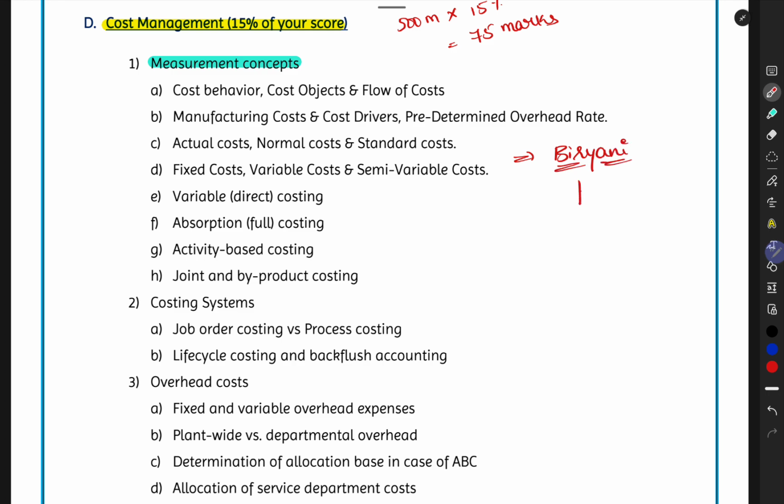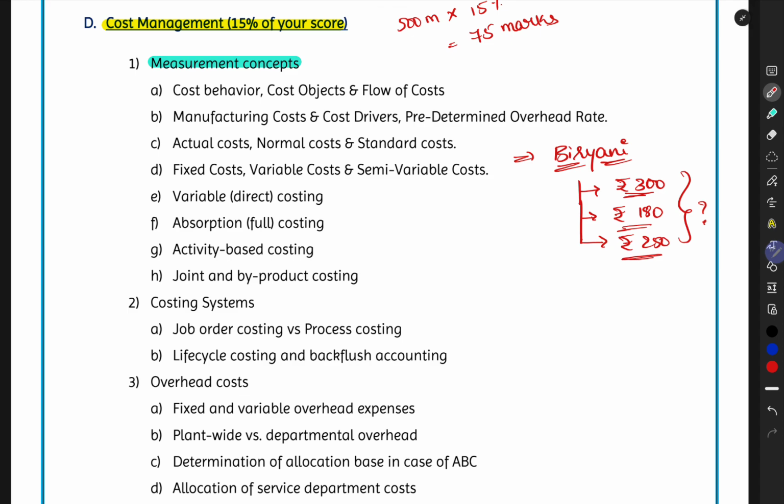Should you price this biryani at rupees 300, or at rupees 180, or at rupees 250? These are the 3 options available to us. If you want to make it more affordable and cheap, you go with 180. If you want to make it pricey and premium, you can go with 300, 350. If you want to keep it at an average level, you can price it at 250.